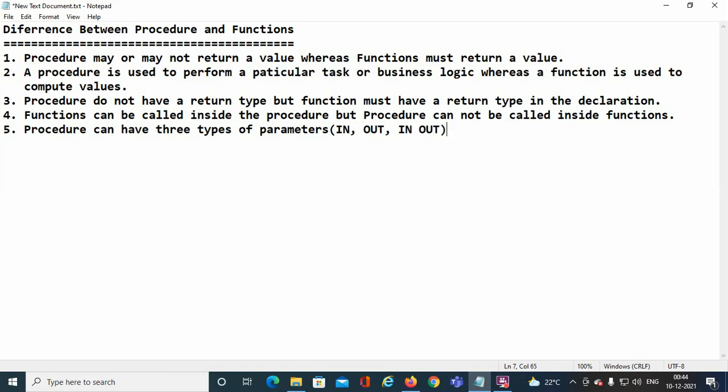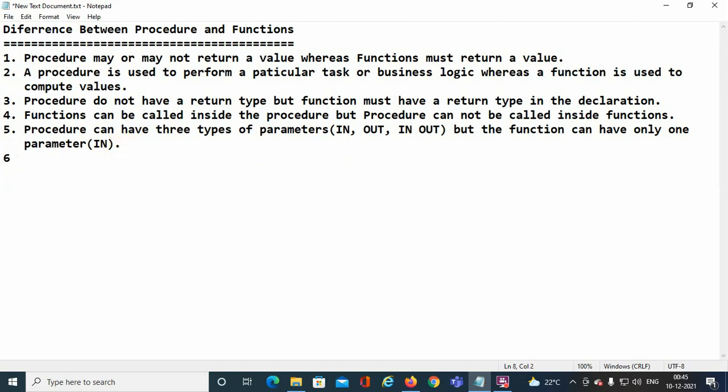But a function has only one parameter type, the IN parameter. Other parameter types are not allowed in functions. Remember this.